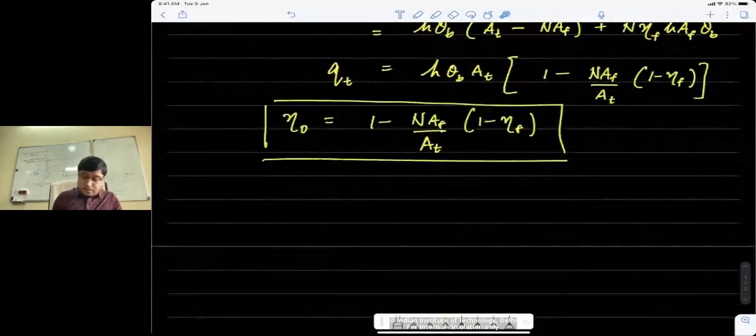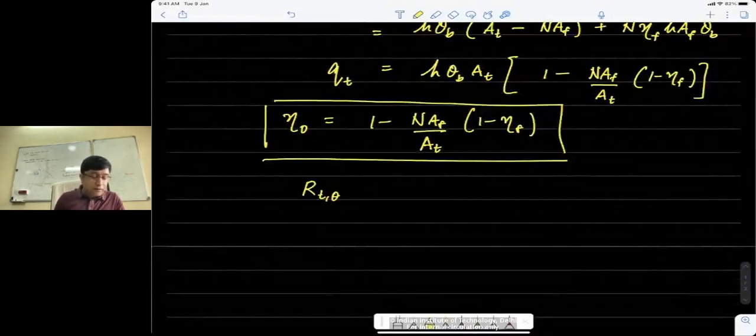Now, similar to what we've been doing for resistances, we've been trying to represent all heat transfer processes where there is no heat generation in terms of thermal resistances. The same can be done here. I can define an overall thermal resistance, let's say R_t,o.